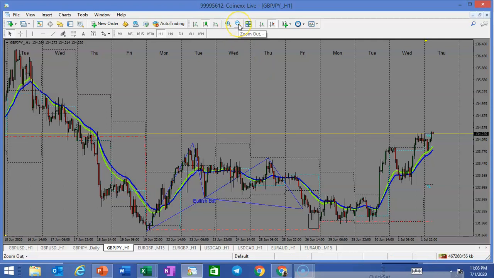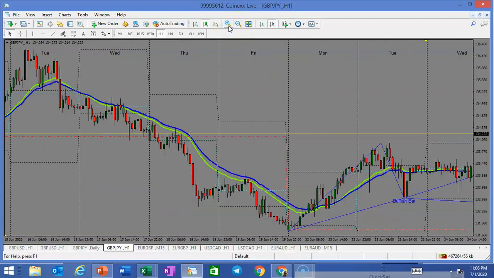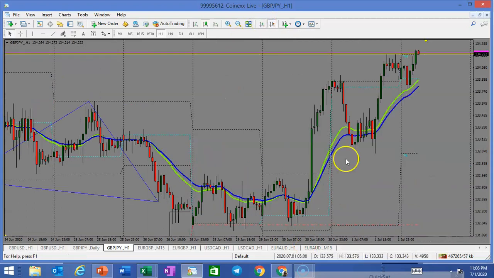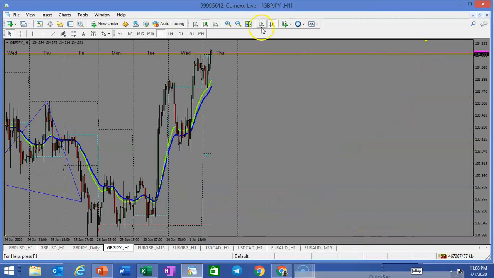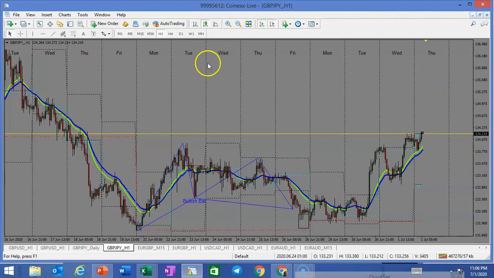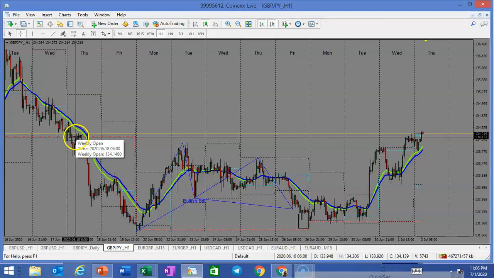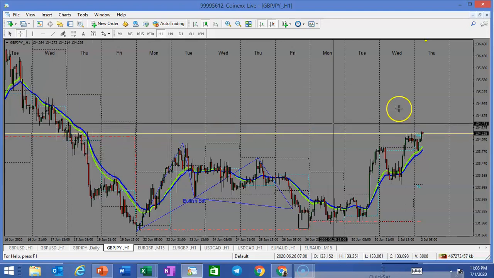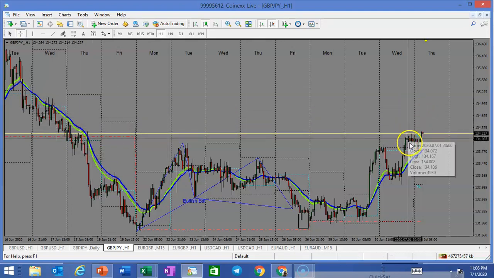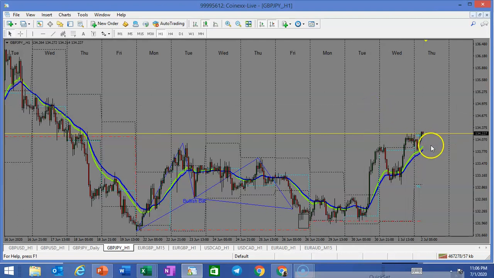But I also want you to pay attention, on the 1 hour, to how price reacted at this weekly open from 2 weeks ago. Pay attention to these rejections here. Rejection, rejection, rejection, rejection, rejection.